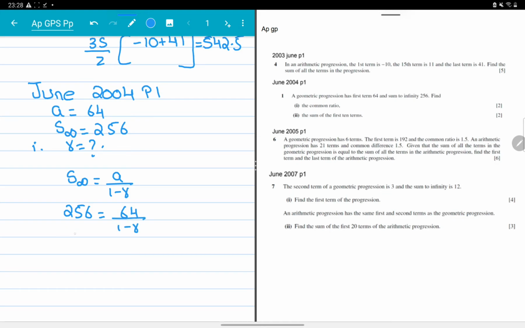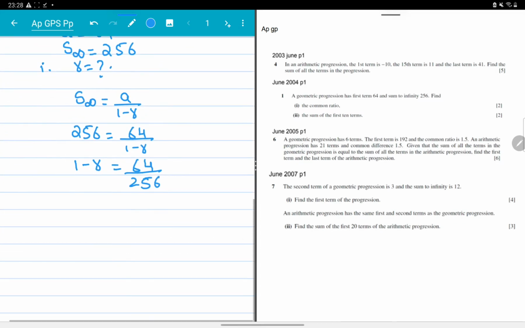So let's do, instead of 256, let's shift 1 minus r and shift 256 instead of 1 minus r. So now can we simplify both of them?